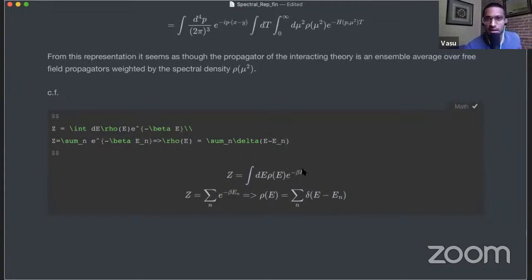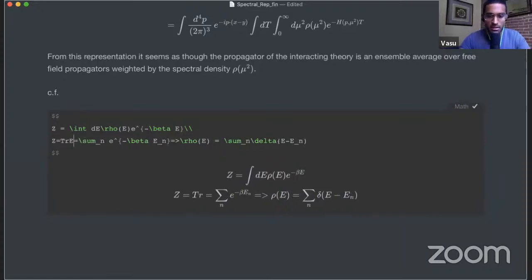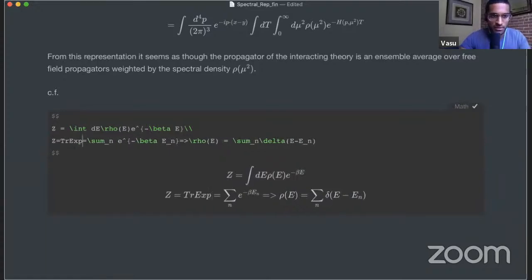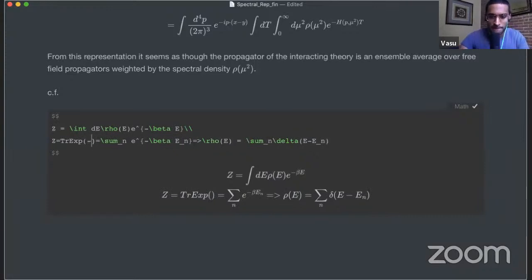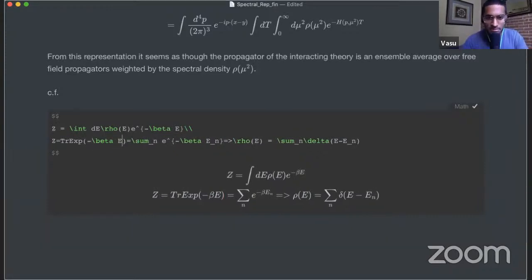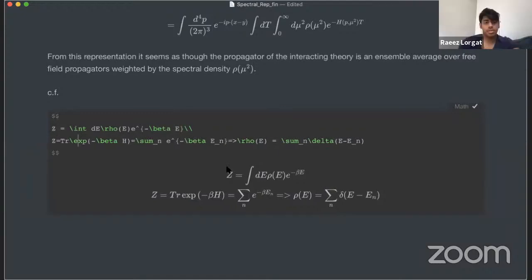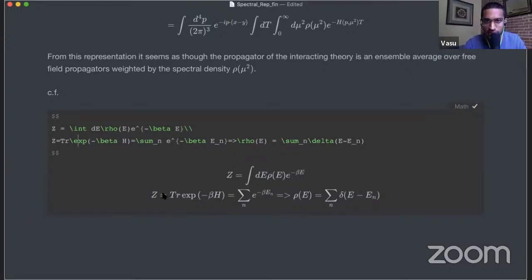Right. So that means that in the microcanonical ensemble, I just need to know what all the energies are, right? And I'm guaranteed that this will result in the following object, which is the partition function: the trace of the exponential of minus beta times H, right? That's the definition of the statistical partition function.